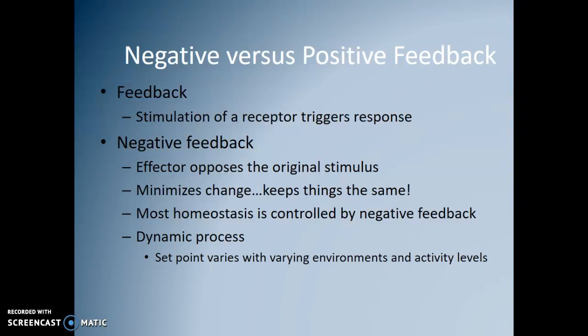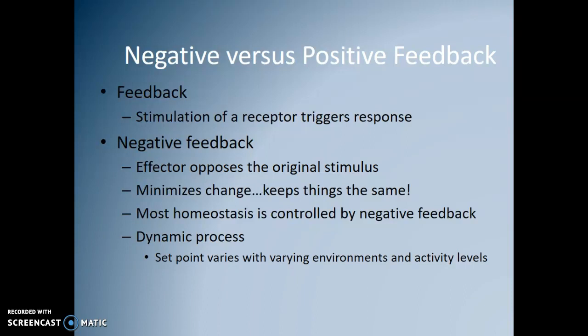It's called negative feedback. Negative feedback is when the stimulus kicks in, and let's say in terms of temperature, the temperature goes up in your room. It's getting hot. Negative feedback will bring it back down. It opposes that original stimulus.